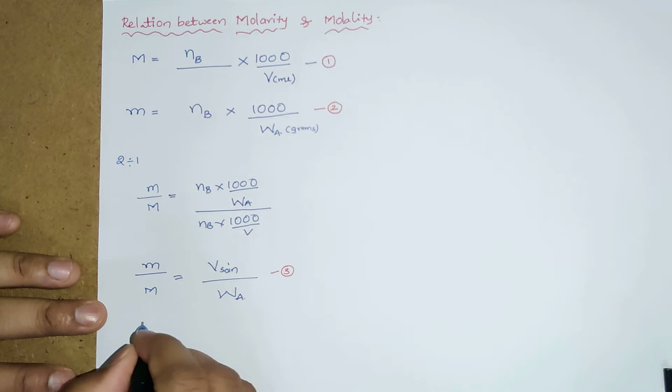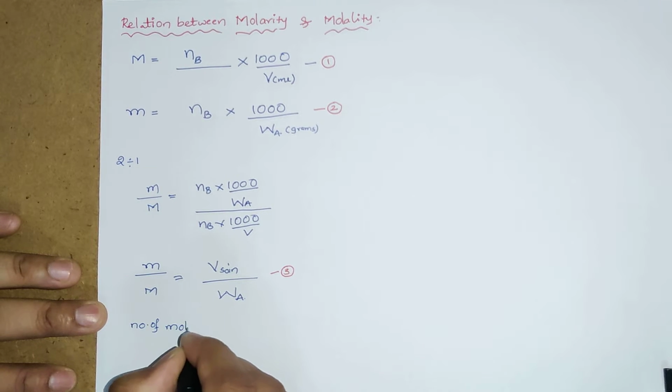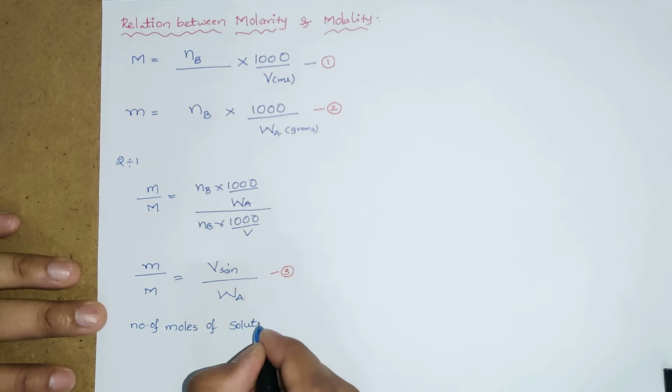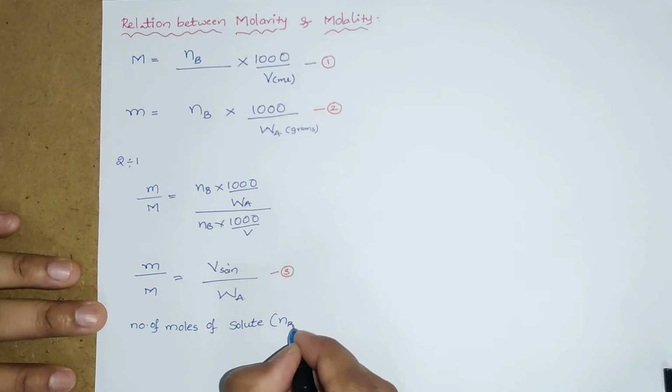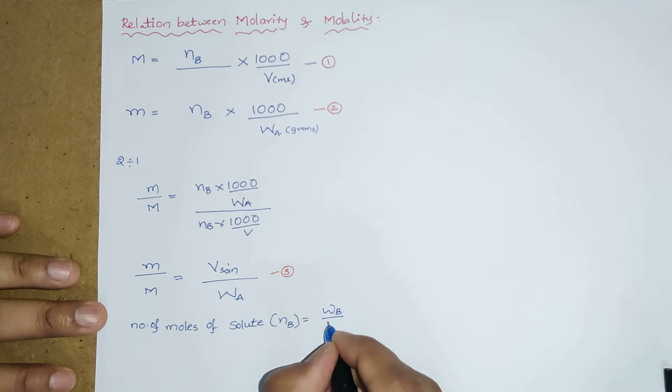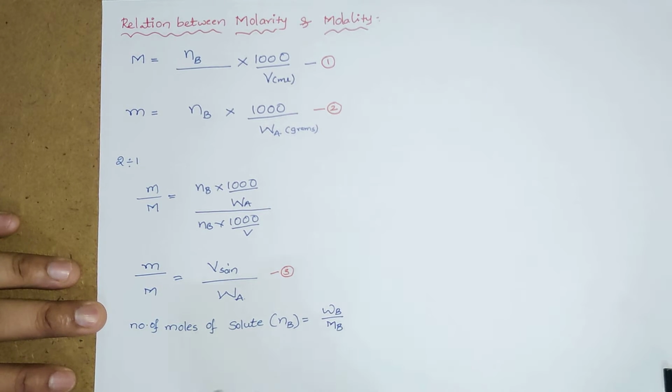Generally, number of moles of solute, that is NB, is equal to weight of solute divided by molecular weight of solute. So from this, weight of solute is equal to number of moles of solute into molecular weight of solute.